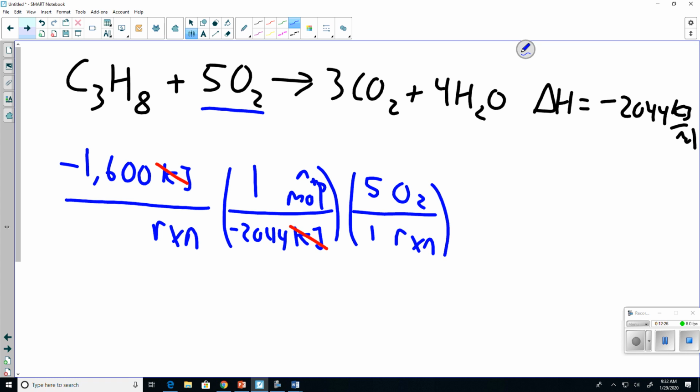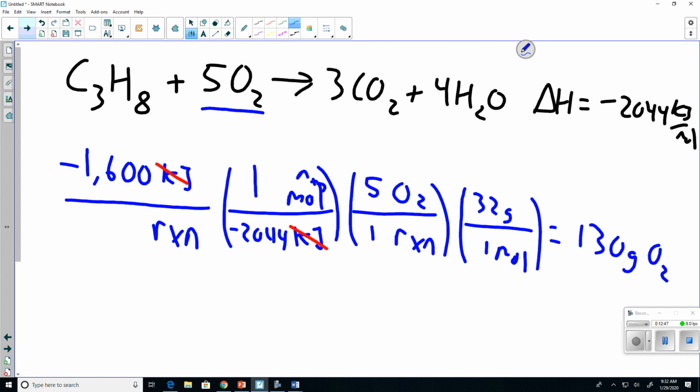But if it's not a 1 coefficient in front of whatever you're solving for, that's where the mistake comes. But now I'd be in moles of oxygen. And if the question asks for grams of oxygen, I just have to multiply by 32 grams per mole. If I abide by sig digs, that would give me 130 grams of O2. That's how much is needed to create that amount.